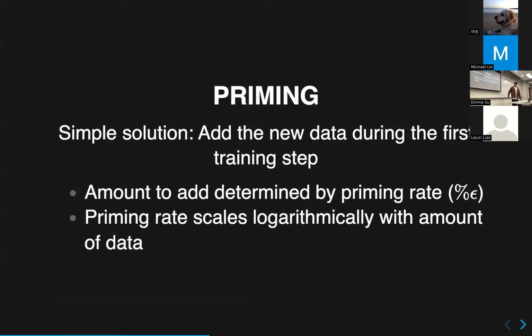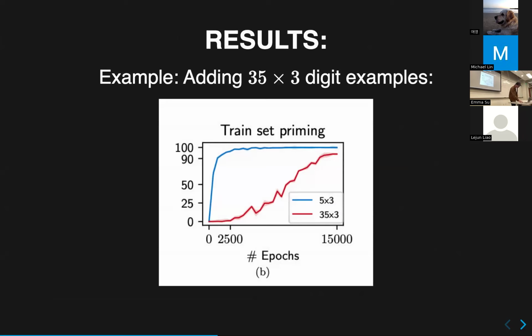They found this scaling empirically. I don't think they have a unified theorem behind it, but we can see in their results, this is extremely successful. So adding, I think this is like 50 examples to their 1,000 example training set or something like that, they achieve successful generalization to 35 by 3-digit multiplication.